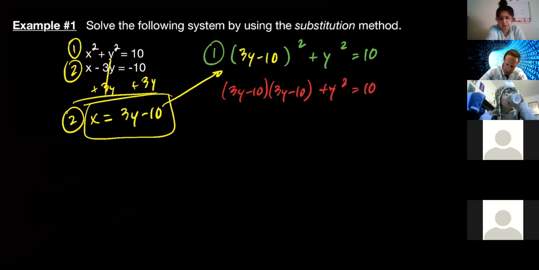Now, if you want to go off to the side and do that or whatever, it's up to you. Okay? But when I do square that out, I get 9y squared. That'll be negative 30y. That'll be another negative 30y for a total of negative 60y. And then positive 100.